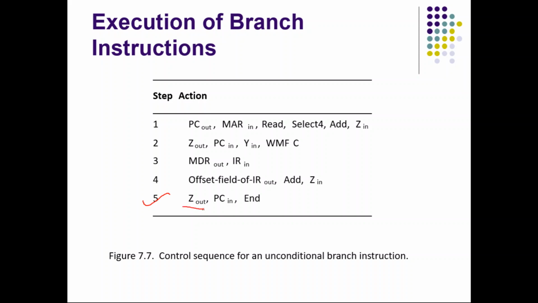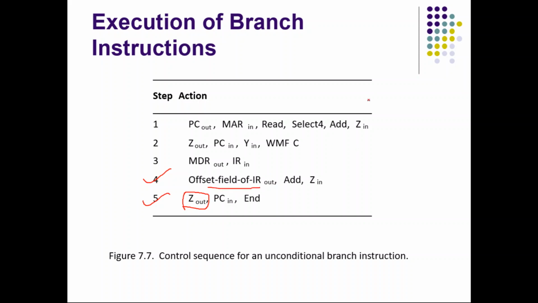Z out contains the result of the branch instruction. This fourth instruction is used to update the PC with the target address of the branch instruction.